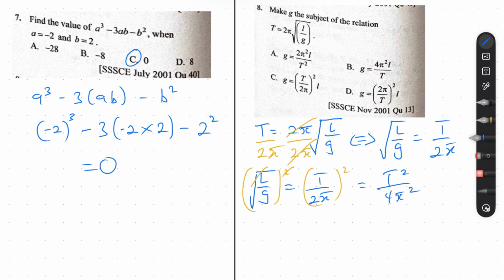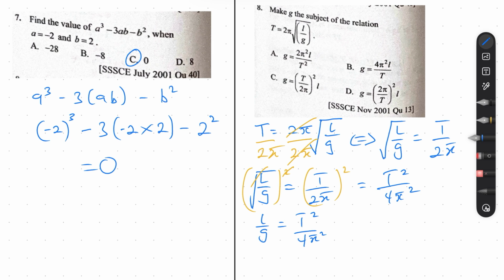The square will affect everything here. So we have t squared, and then 2 squared is what? 4, and then the pi also takes its square. Cool. So now we have L over G is equal to t squared over 4 pi squared.